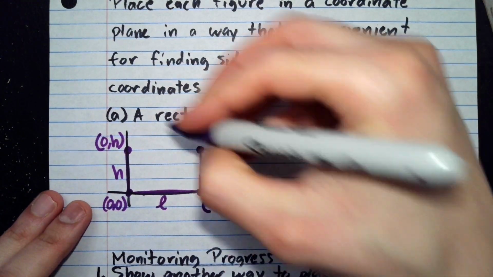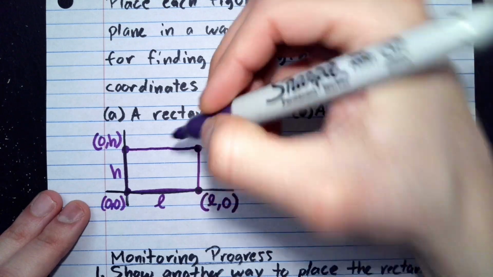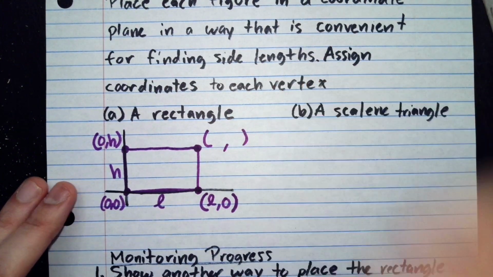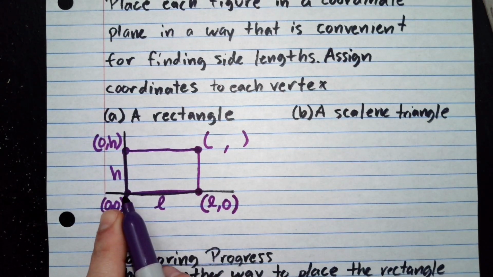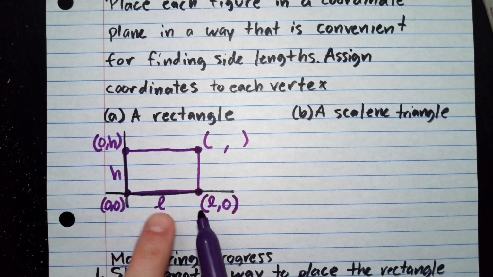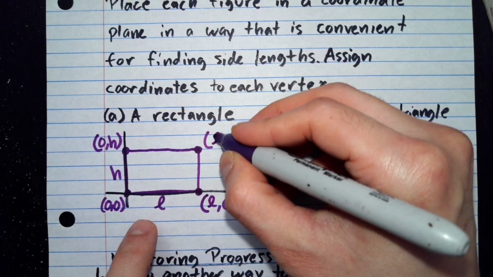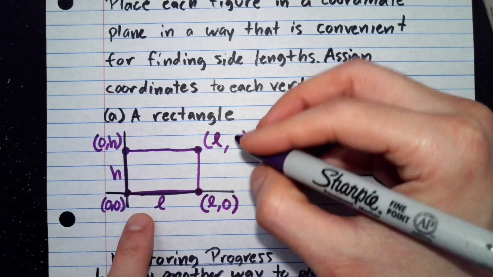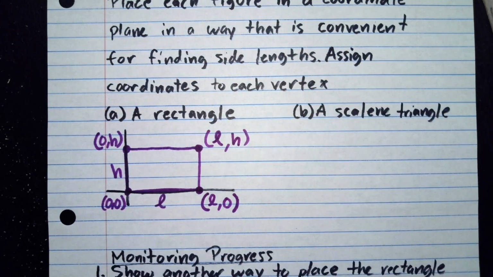If we connect my rectangle, what coordinate are we going to put here? Well, my x coordinate is L, so this has to be L, and my other side is H, so this also has to be H. So this is one possible answer of how we can put a rectangle in a coordinate plane in a way that is convenient to us so that we can find the side lengths.